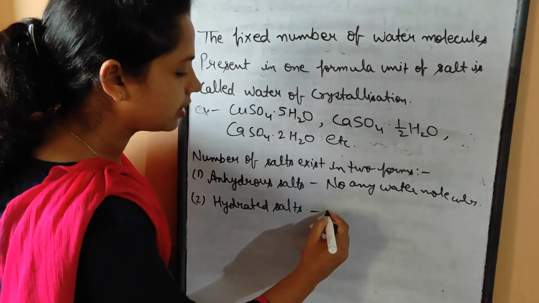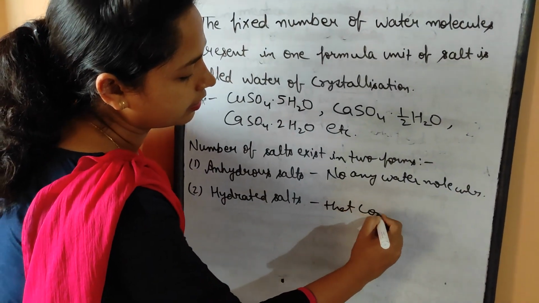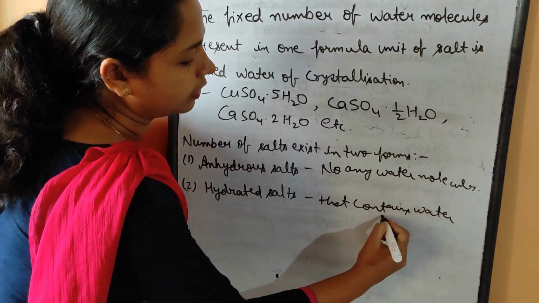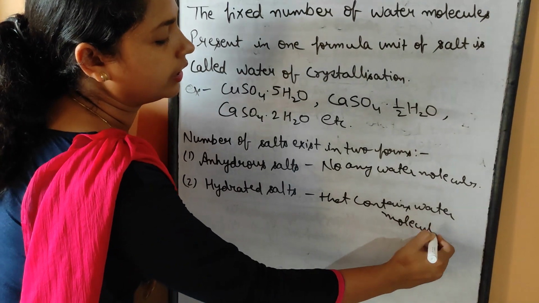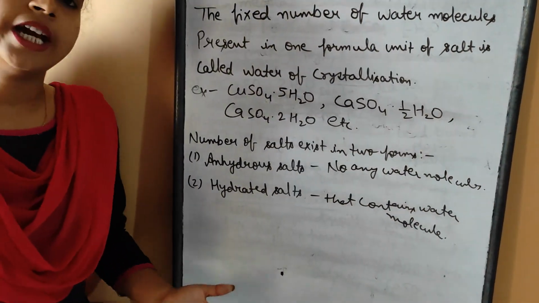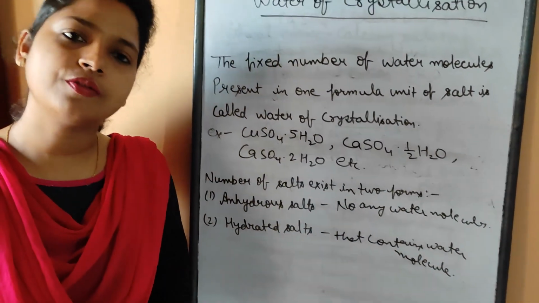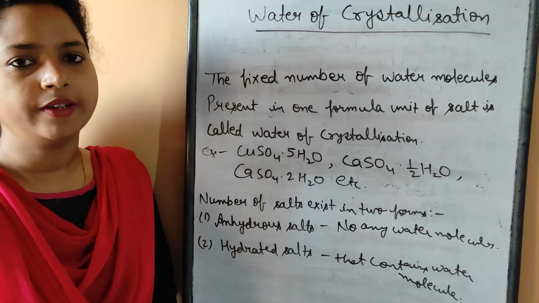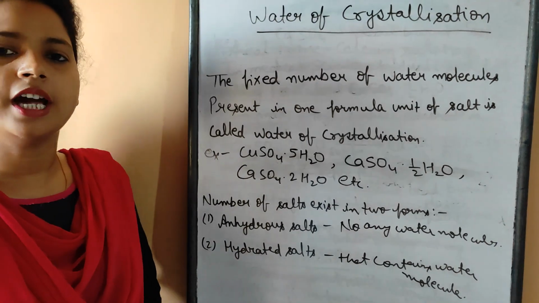Hydrated salts contain water molecules. So if the salt contains water molecules, it becomes hydrated. Based on water of crystallization, we can classify the salts into two forms: one is anhydrous, the other is hydrated.